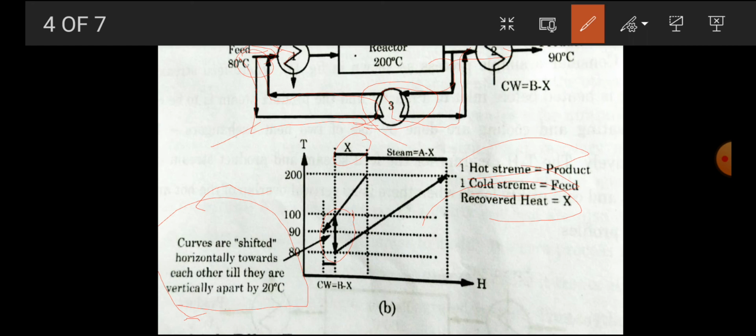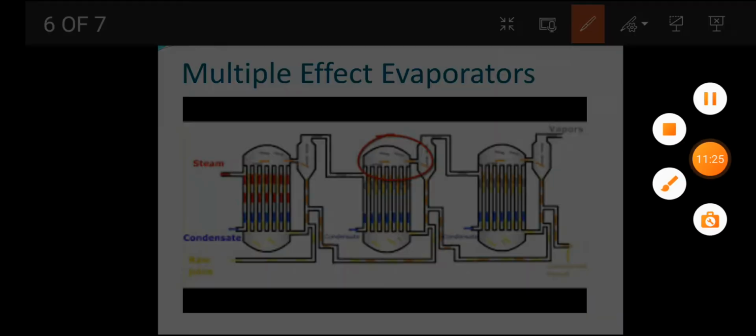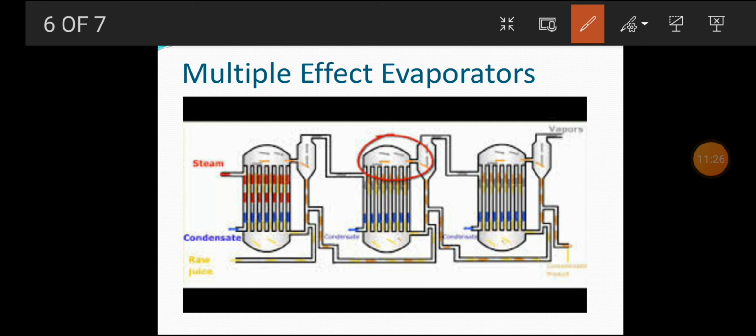So now we will see another heat exchanger system, that is the evaporator. Multiple effect evaporator. The main factor influencing the economy of an evaporator system is the number of effects.